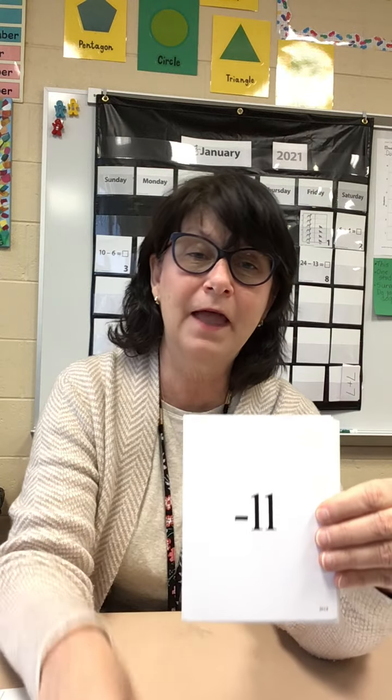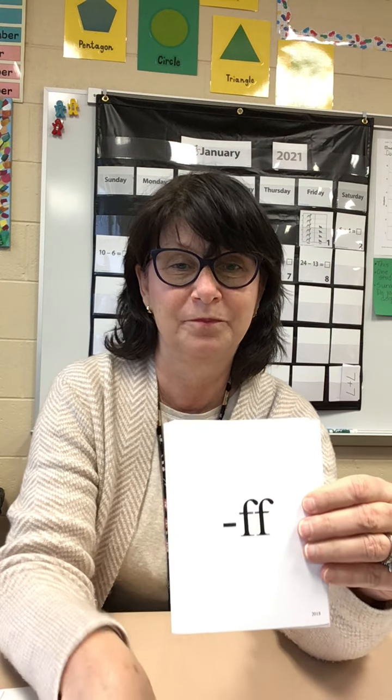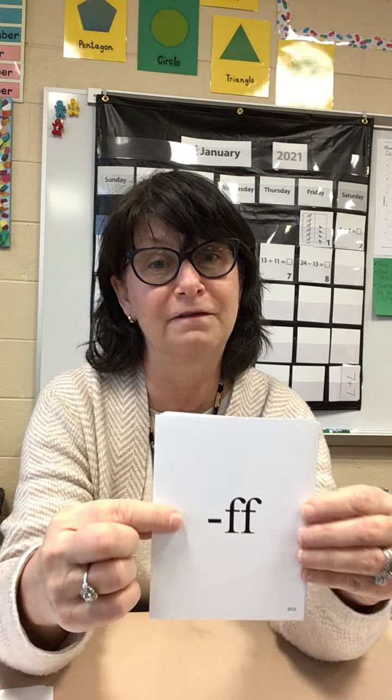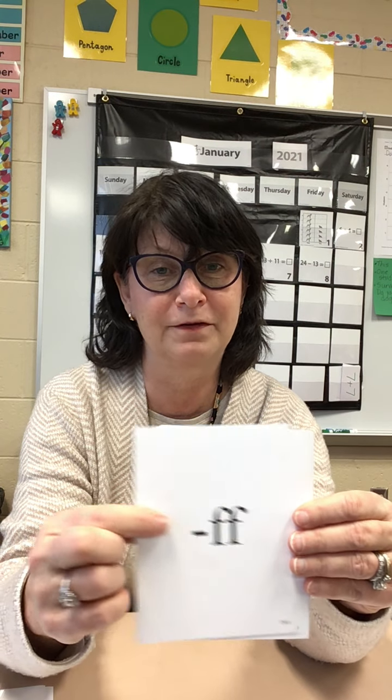At the end of a one-syllable word, after one short vowel, z is spelled ZZ. You can say these with me, actually. At the end of a one-syllable word, after one short vowel, l is spelled LL. F is spelled FF.